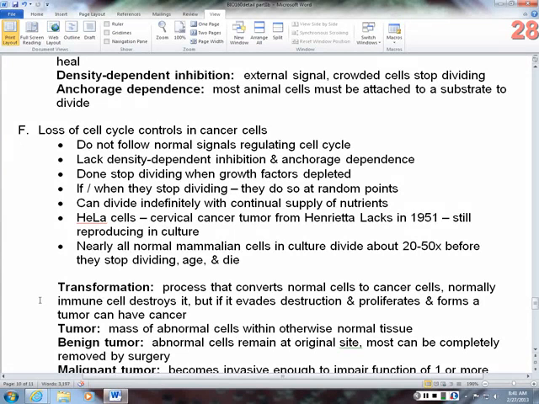Most human cells you can grow for about 50 cycles, and then they're going to stop and die. They will just age out. They've reached the end of their dividing cycle. He had collected these from her tumor, and these just kept on dividing. They were a big deal because they were the first immortal cells.